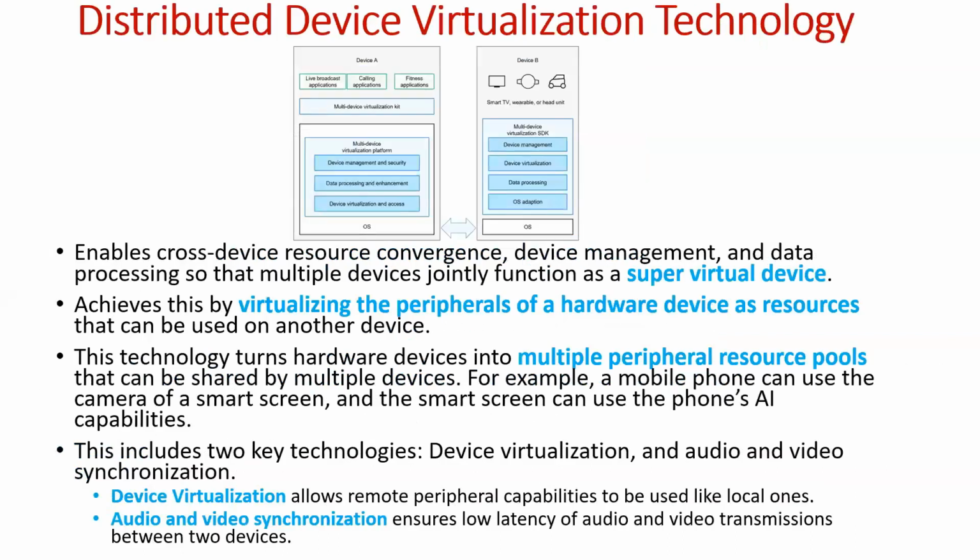The next is distributed device virtualization. The idea here is that the complete ecosystem, the different ecosystem that forms the Harmony OS, can be used to form a super virtual device.